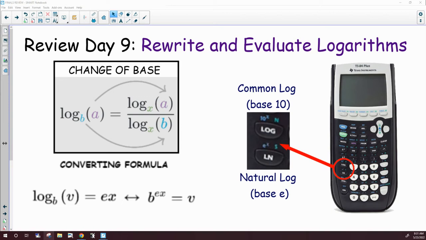You just put the log of the a on top and the log of the b on the bottom. Divide, right? And finally, sometimes we have to switch between forms from log to exponential or from exponential to log. Okay, we're going to go over all of these things, starting with our multiple choice question.